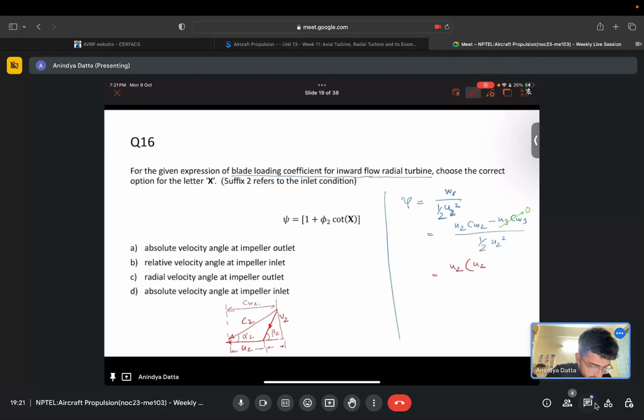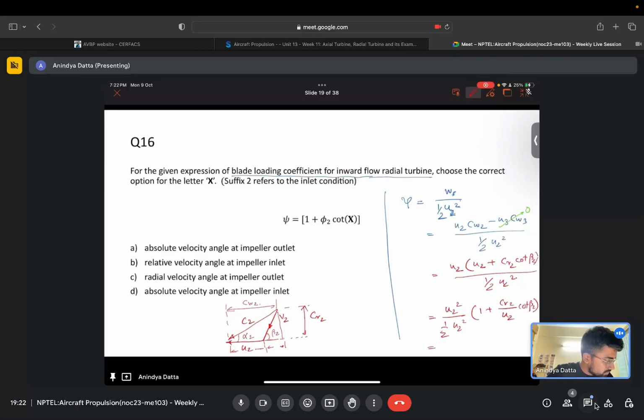This part is our radial velocity component cr2, and we can write it as cr2 cot beta 2, divided by half u2 square. Now if you take u2 square common, we will get 1 plus cr2 by u2 cot beta 2.